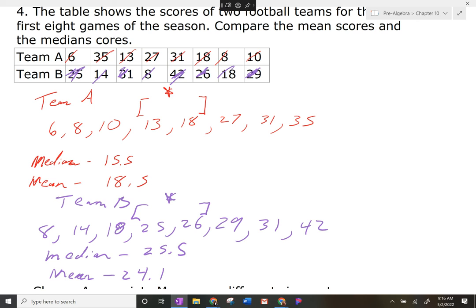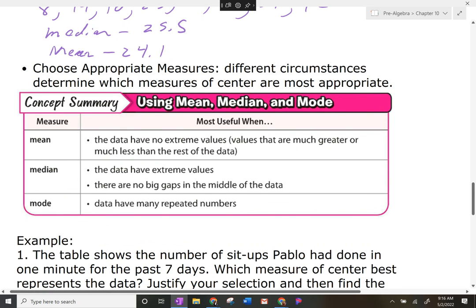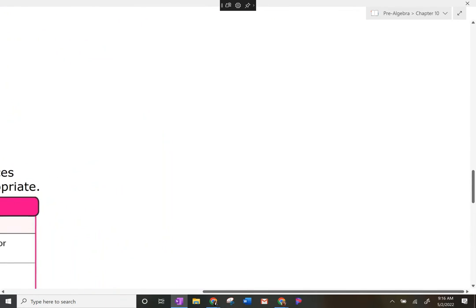All right. Today, your homework for tonight is going to be page 437.